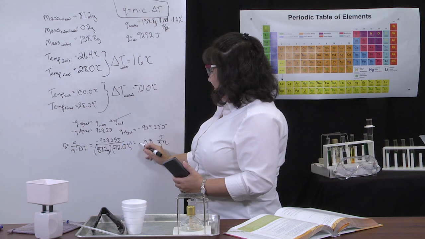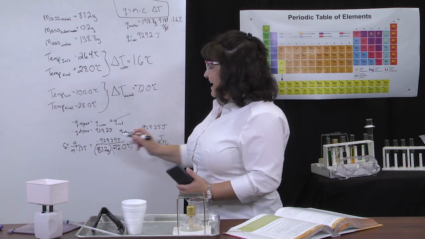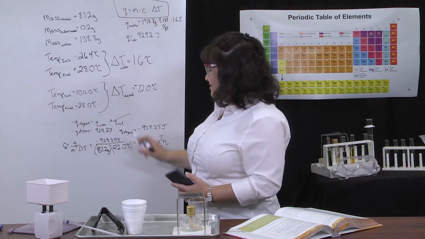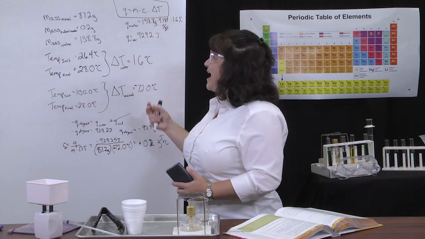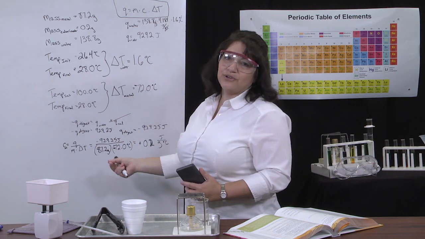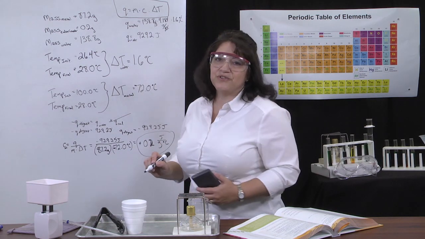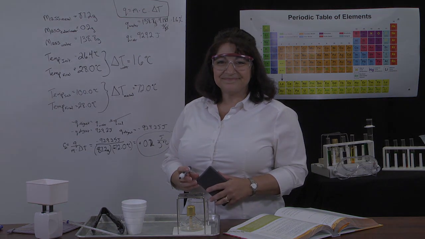My negative over my negative makes this a positive. We should always have a positive specific heat, and that was how I reminded myself, oops, I made a mistake. And that's okay as long as you know what to expect, which is why you use your units to check yourself and also have an idea of what kind of value your answer is supposed to be in. So this right here is our answer of specific heat of that metal that we began with.